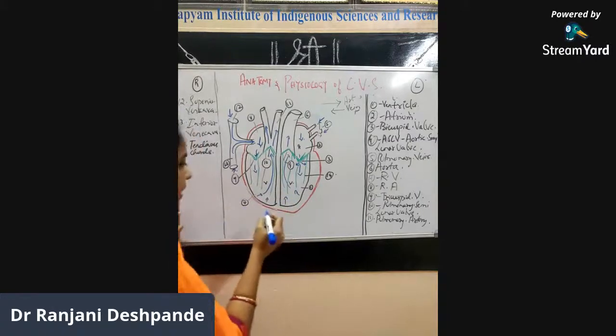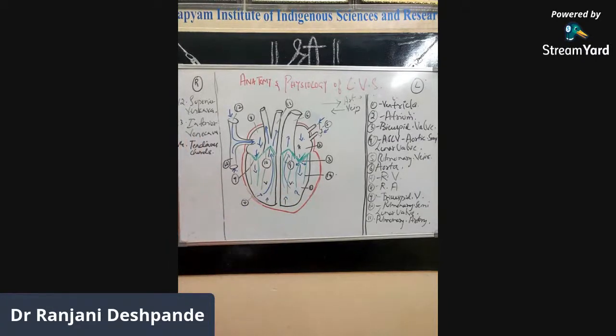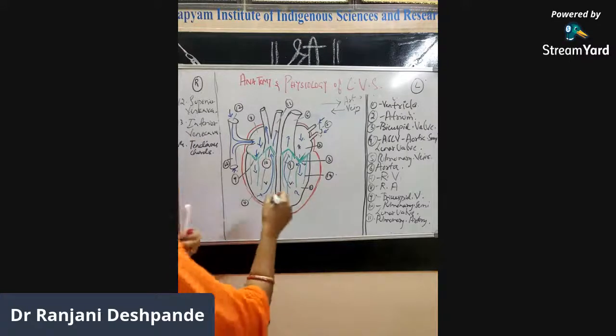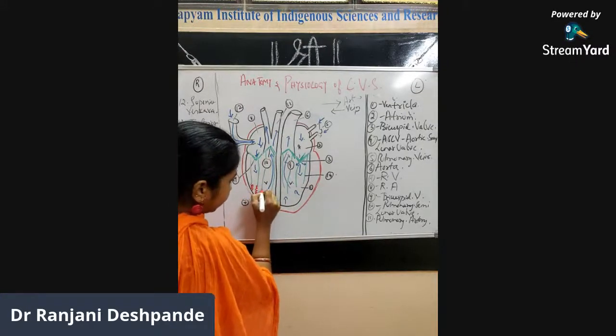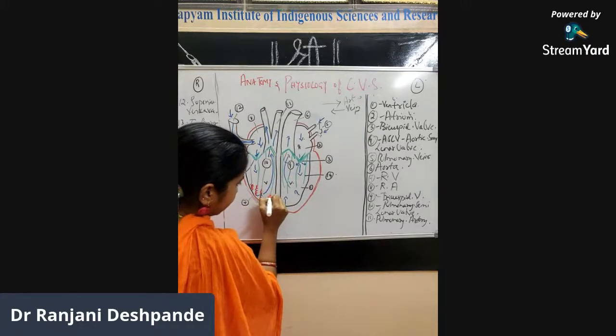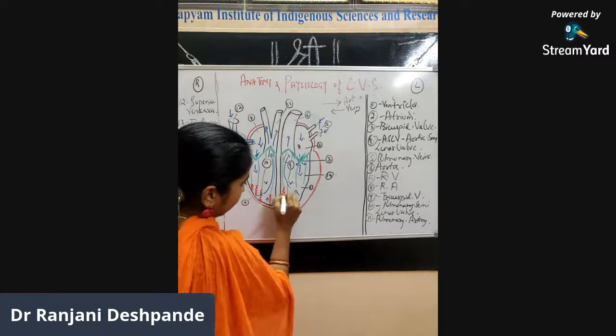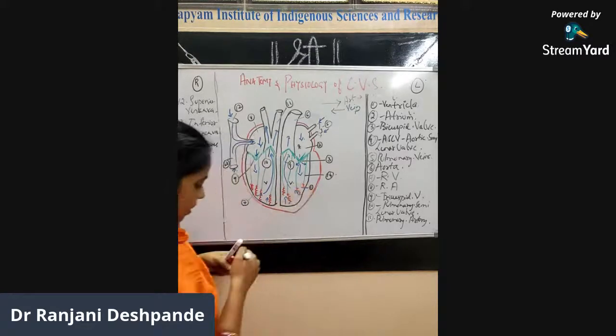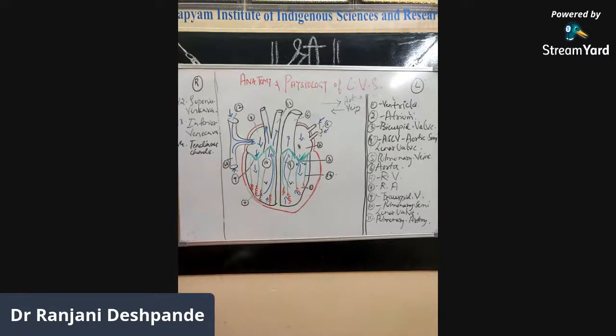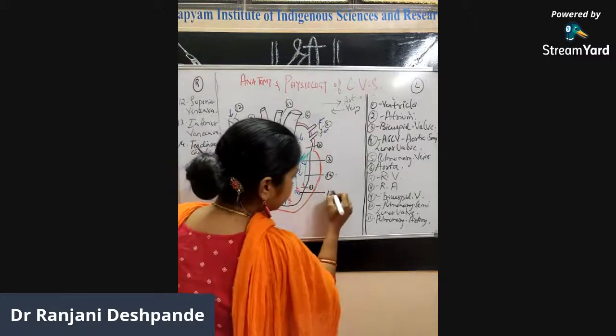So what happens here is these tendons get embedded into the musculature through certain structures, and they are called the papillary muscles.